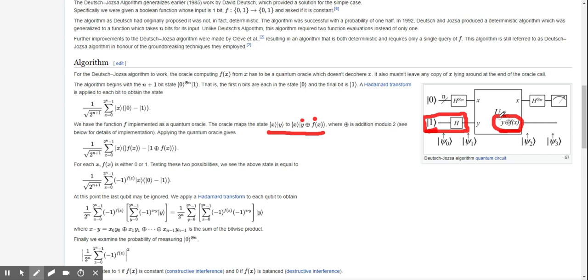oracle is doing, and your function is constant, right? Then you're not going to destroy anything, because regardless of, it leaves X untouched.